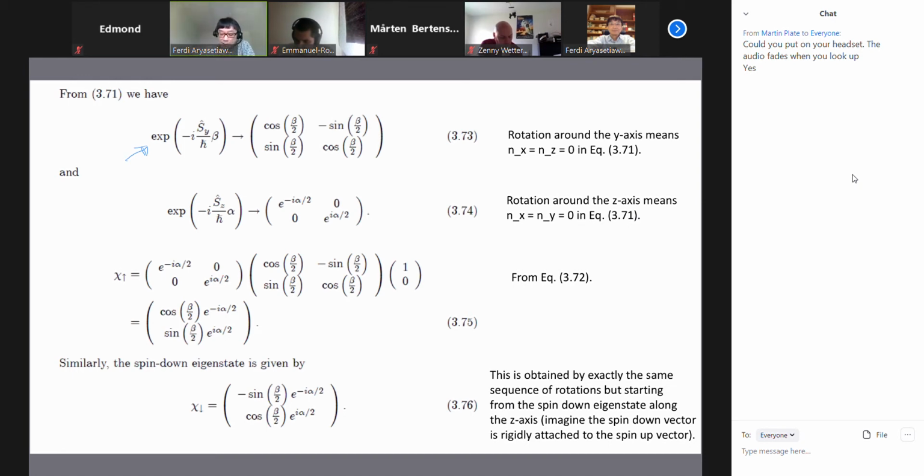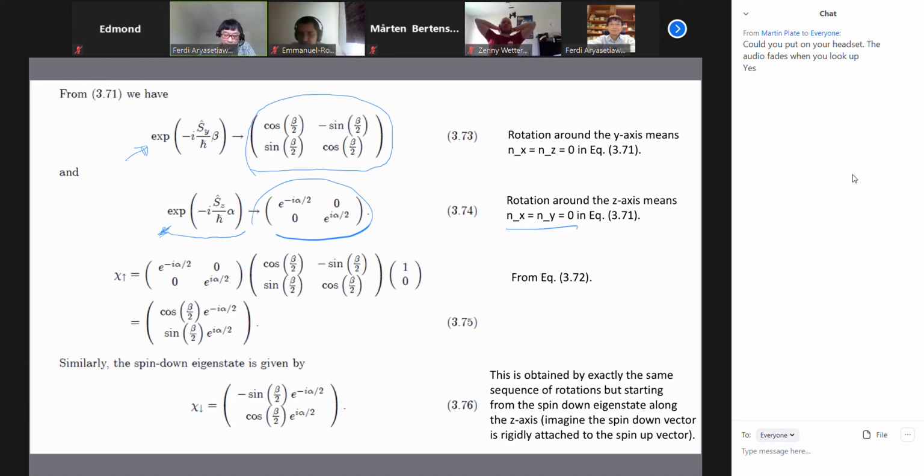So then we just plug in nx and nz equal to 0 and put in the right angle beta here. So we get this matrix. That's the matrix representation of the rotation operator around the y-axis by angle beta. And we do the same for the other rotation operator. That's a rotation by angle alpha around the z-axis. So in that case, nx and ny are equal to 0. So we get this simple 2x2 diagonal matrix.